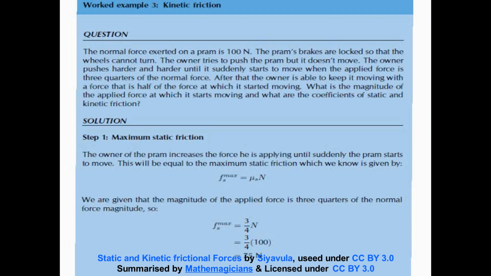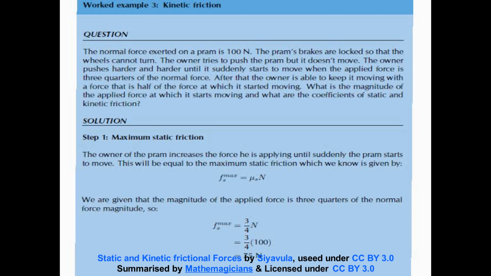The pram is static and he applies a force to it until it starts to move, but until then the pram is still stationary.